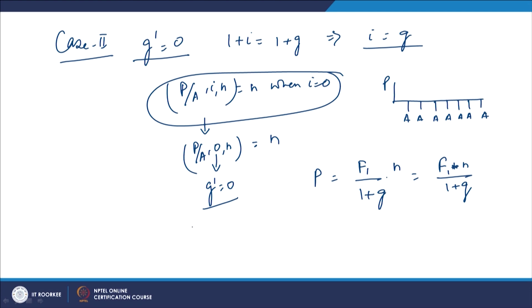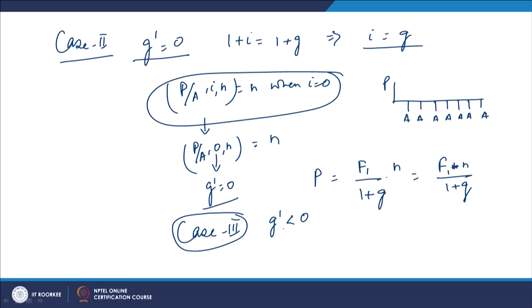Now there may be another case, case 3. In one case g prime we have taken as positive; in another case we may have g prime as less than or equal to 0. If g prime is less than 0, it means that 1 by 1 plus g prime will be more than 0.